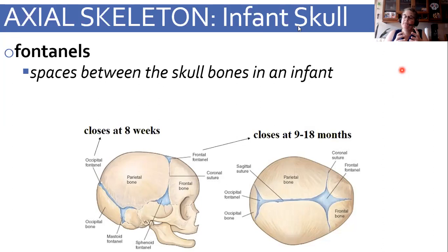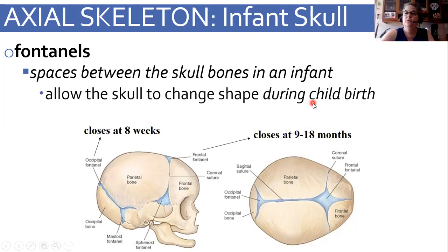So in order to help with the birthing process, because those bones aren't fused together, they can overlap one another, and then that baby can make its way through the birth canal easier. So that's one of the reasons, to allow the skull to change shape during childbirth. And then it just kind of pops back where it's supposed to be.